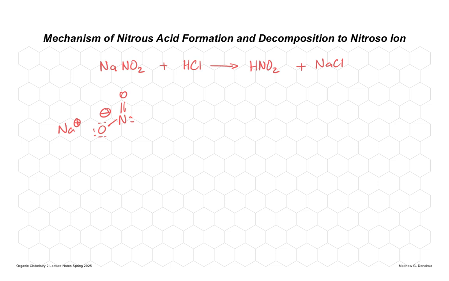So there's sodium nitrite. We're going to react that with an excess of HCl. So this oxygen will get protonated. And then this is nitrous acid.